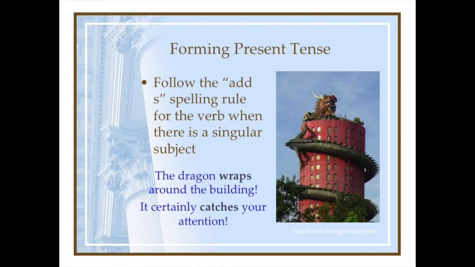In the first sentence, wraps is the verb, and because dragon is a singular subject, I add an s to the verb in order to make it agree. In the second sentence, catches is the verb, and it is the singular subject. Because the word catch ends with ch, I add an es in order to make the verb match the singular subject.